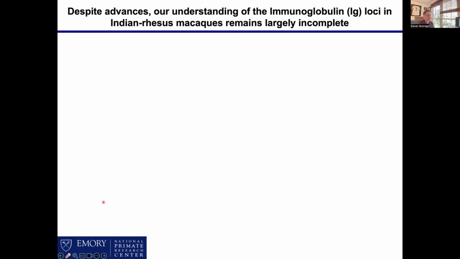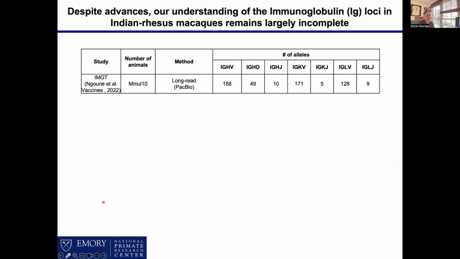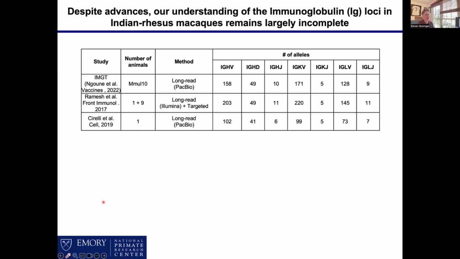So when starting out to do this project, that was what we had in mind. And as I start out, I want to point out that there's been a lot of work done in this field by a number of groups. The IMGT has done work to characterize a monkey that was sequenced by Pac Biotechnology and assembled, which is the MM-Mule10 assembly.